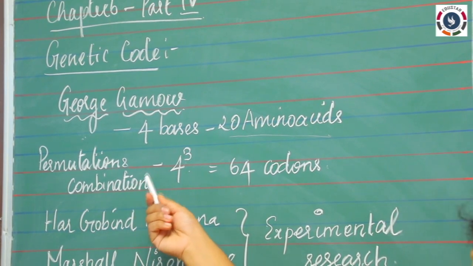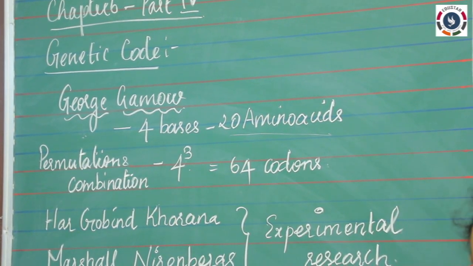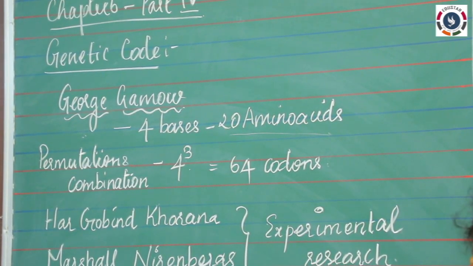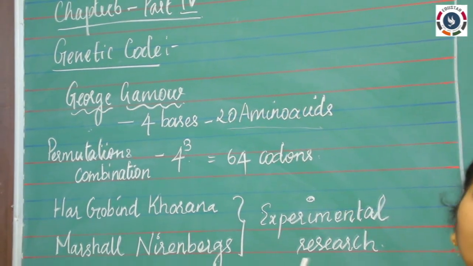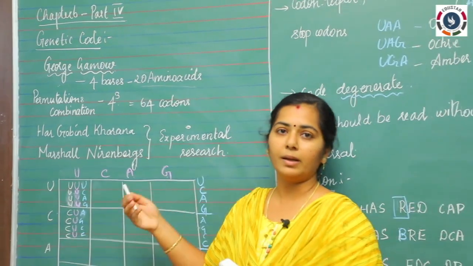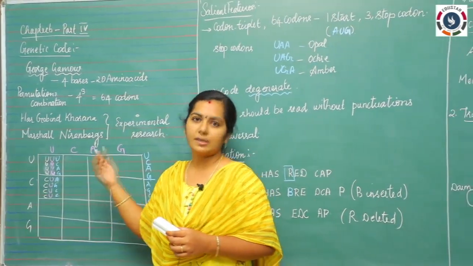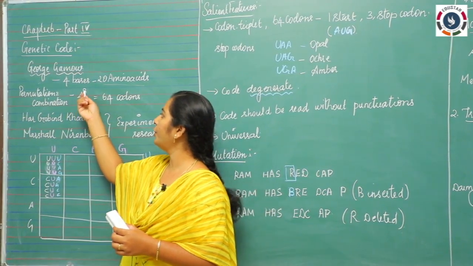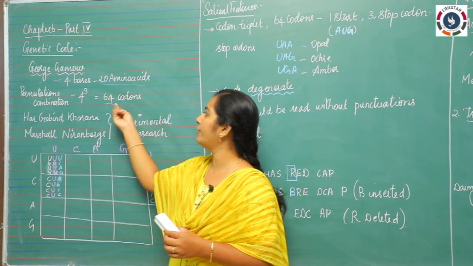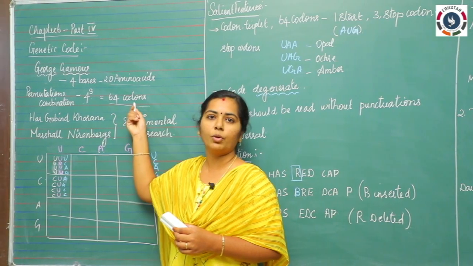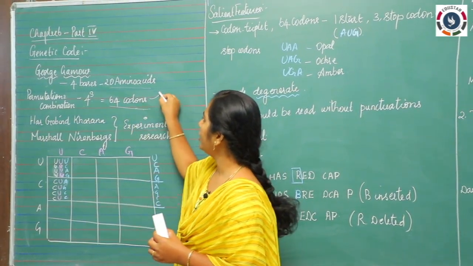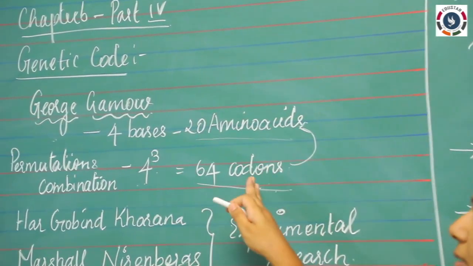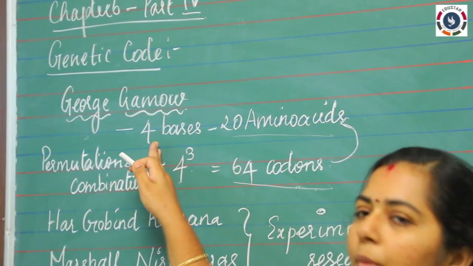He did many experiments and concluded that by means of permutation and combination, the 4 nucleotides can make 64 sequences. He said that 4 cubed gives us 64 codons, and these 64 codons will code for our 20 amino acids. This was concluded by George Gamow.